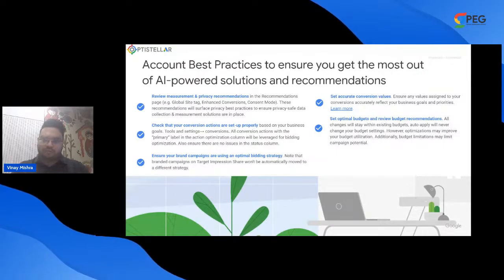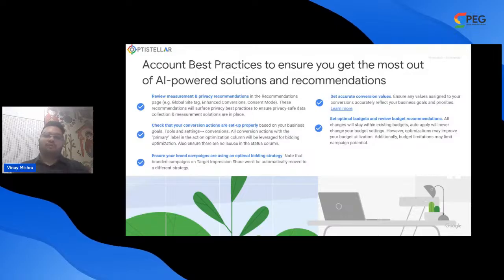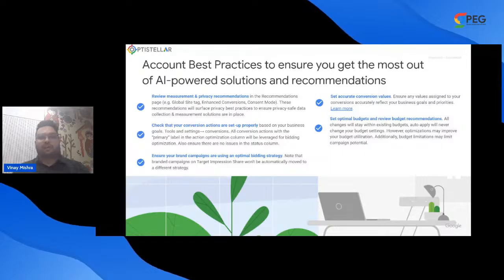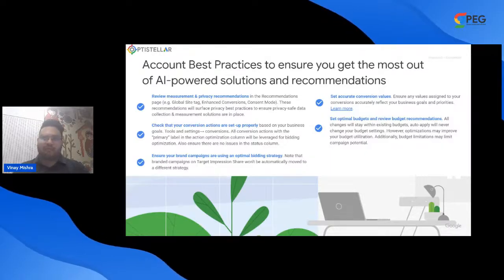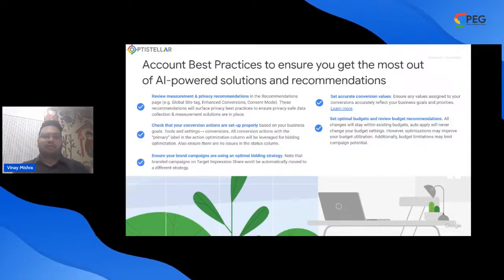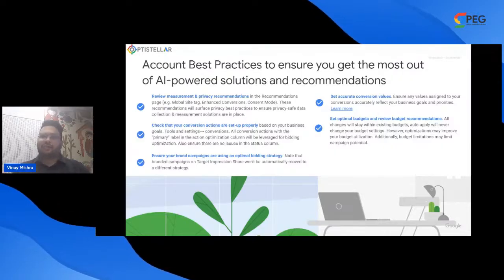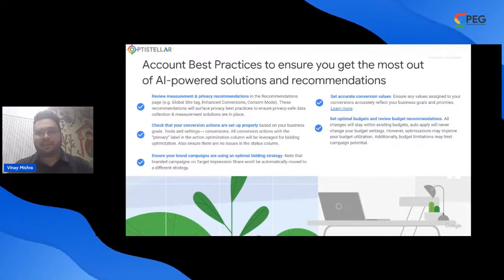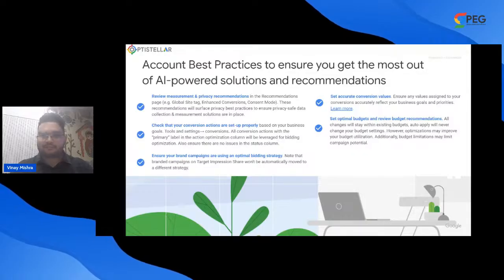You can use shared budgets for the campaigns which are focused more on giving you better results, and at the same time see which keywords are performing well for you. For the keywords which are not performing well, you can always have alternatives to make sure that you're boosting and giving the particular campaign enough budget, so that you're making the most out of the auto apply recommendations you have in place.